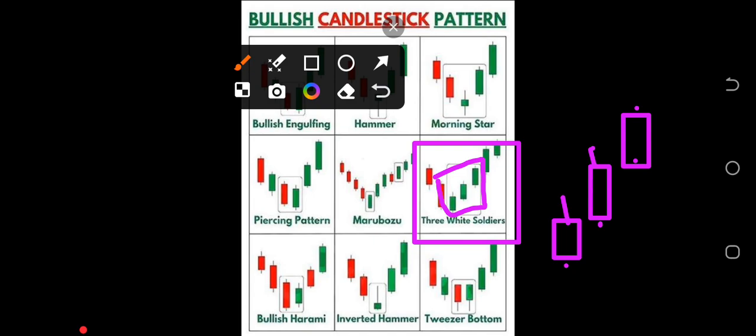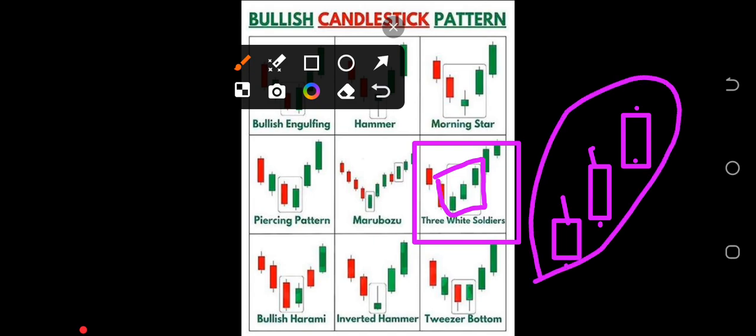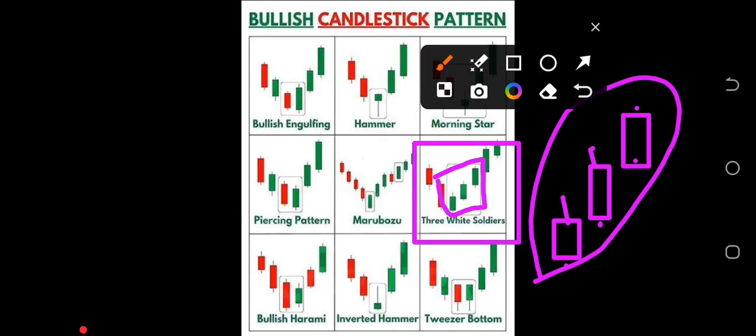So we call this three white soldiers. That is for bullish candles, it is going up. As you can see here, it is green, right? All three candles are green. It's telling you that market wants to push higher. Then the opposite of it is not shown here, but I'll just tell you in case. If we see it on other slides, the opposite of it is the three black crows.